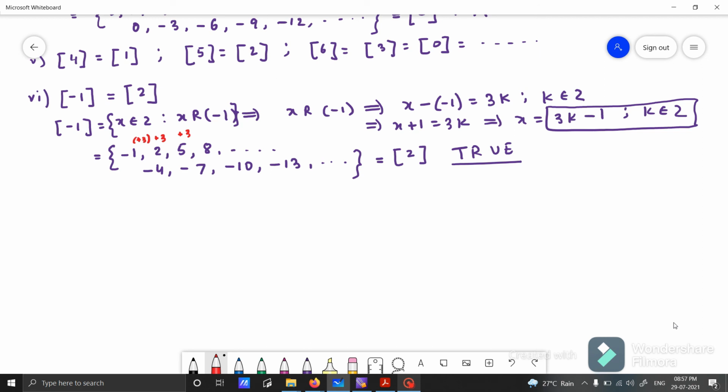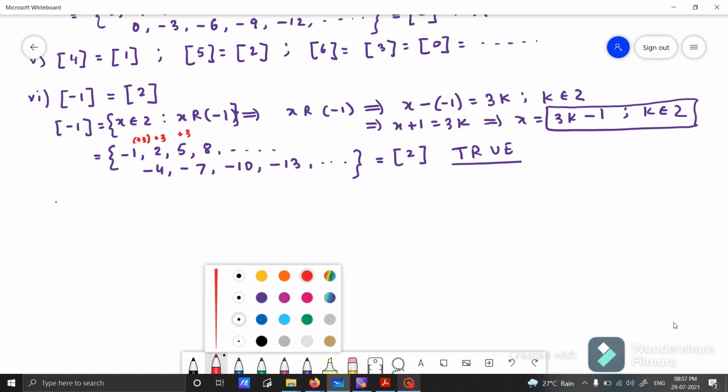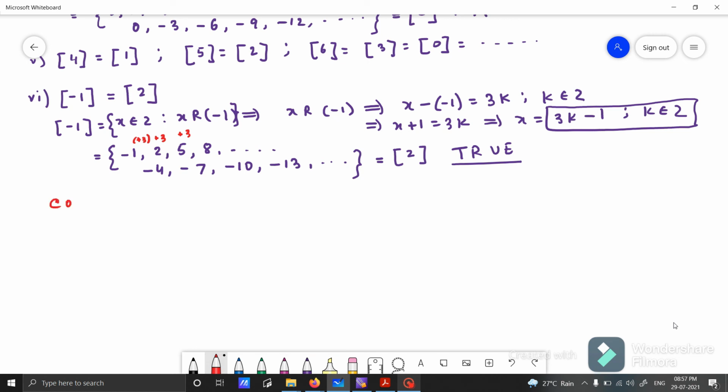Here we have taken the particular congruence modulo 3 relation. So let me just show you once. We had taken this relation, congruence modulo 3. This was the name of our relation, that is a related to b if and only if a minus b is divisible by 3.